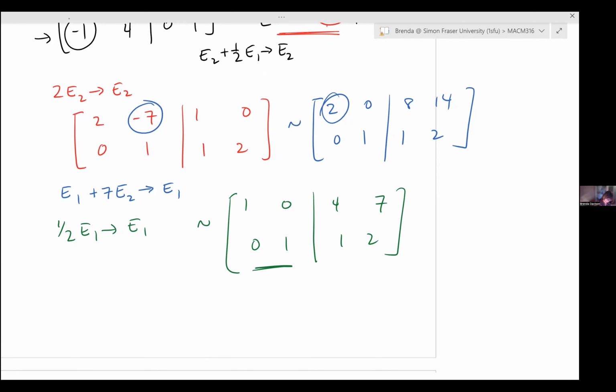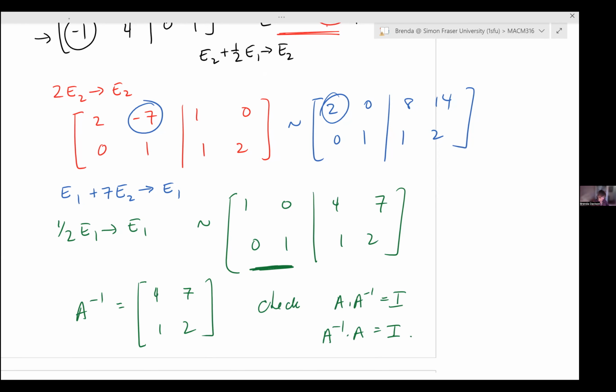And then this is now I. So I stop, and I know now that the inverse of the matrix that I started with, A, is 4, 7, 1, 2. Why don't you check? Multiply A times A inverse, make sure that it's I, multiply A inverse times A, and make sure that it's I. Bit of practice with multiplication as well. Okay, so that is finding an inverse using Gaussian elimination.